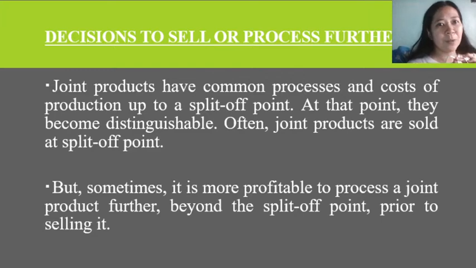An example of joint product is in the case of sugar cane. If you're going to process it, they will have two types of products.